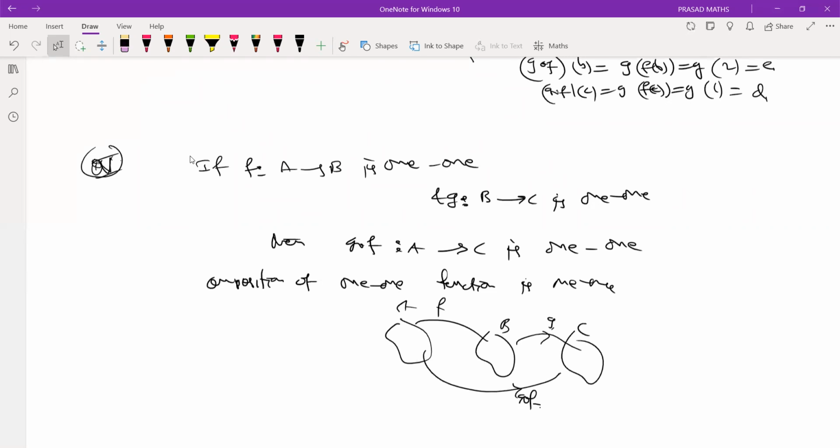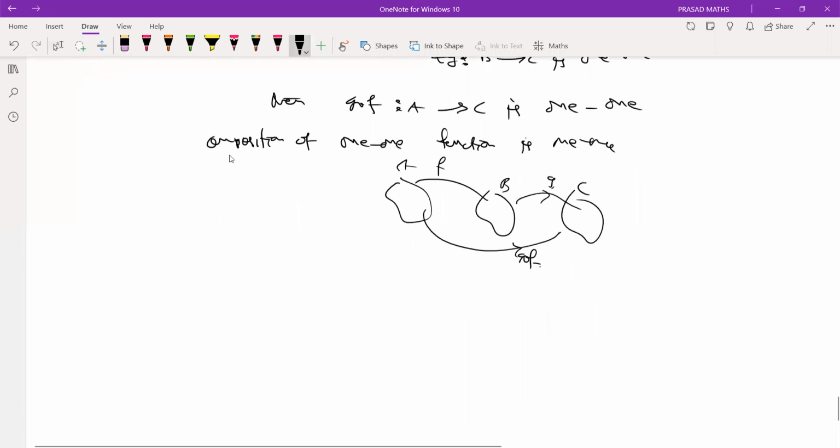Right? So can you give the converse? The converse may not be true in general. You can take the same example, I think, which works.